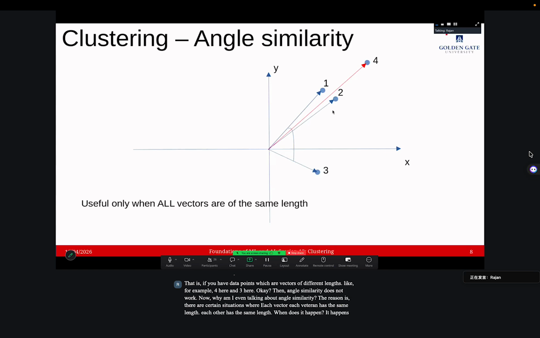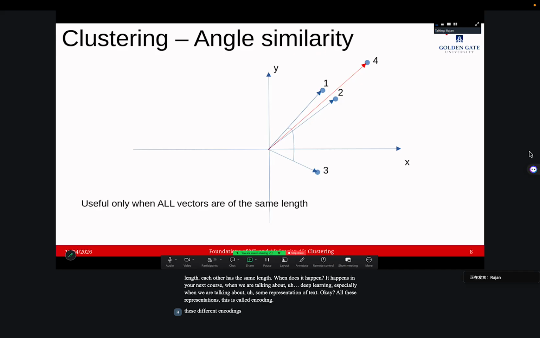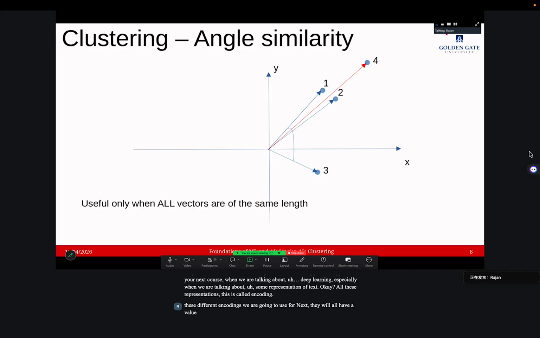It happens in your next course when we are talking about deep learning, especially when we are talking about some representation of text. All these representations are called encoding. These different encodings we are going to use for text will all have a vector length of 1.